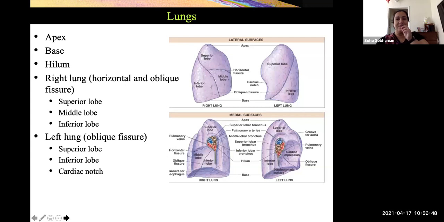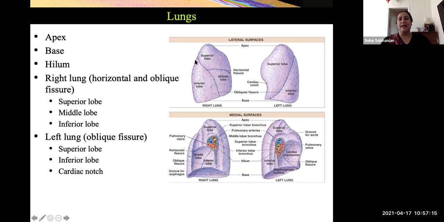So one last thing I want to finish with is a slide for your lungs. I have already mentioned that the right lobe versus the left, your right has 3 lobes and your left has 2 lobes. We already looked at the naming as superior, middle, inferior versus superior and inferior. There's a couple of things that I want to add on top of that.